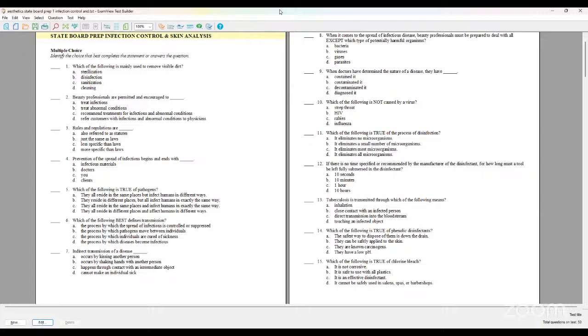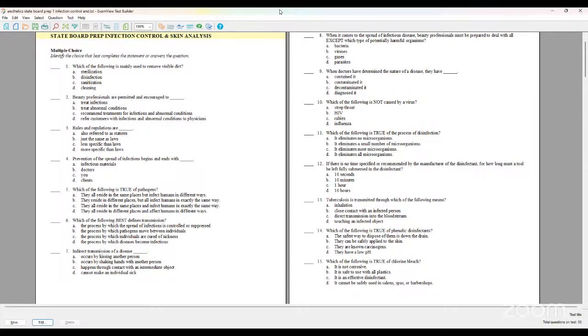Number 5, which of the following is true of pathogens? Well, we have to learn first, when you see these words, know what a pathogen is. It is a bacteria, but is it a good bacteria or a bad bacteria? That's for you to understand. A, they all reside in the same places but infect humans in different ways.